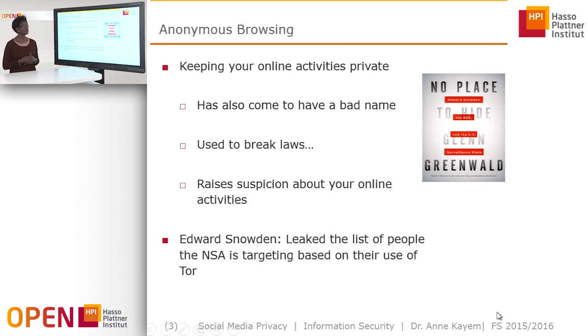And what is also interesting to note is that they are not just looking at people who are using Tor, but also people who are associated to these people and people who might be likely, based on their behavior, to use platforms such as Tor to try to protect their privacy. And the reason that this is happening is because, as I said, anonymous browsers are used also by people who are wanting to do bad things.